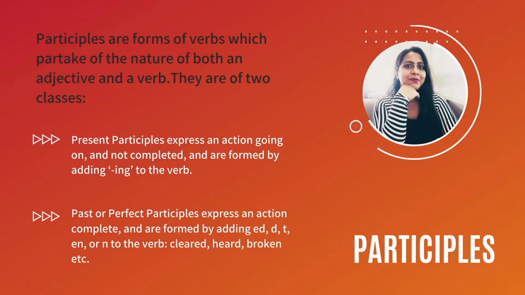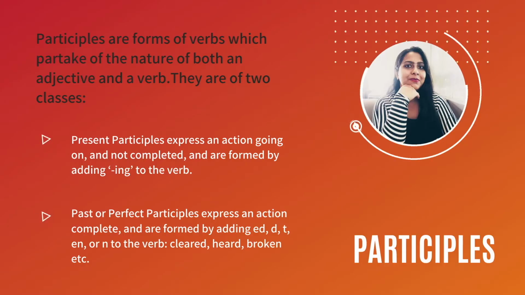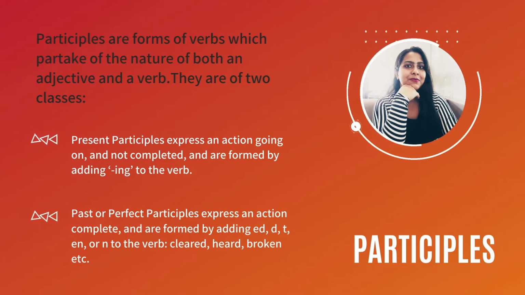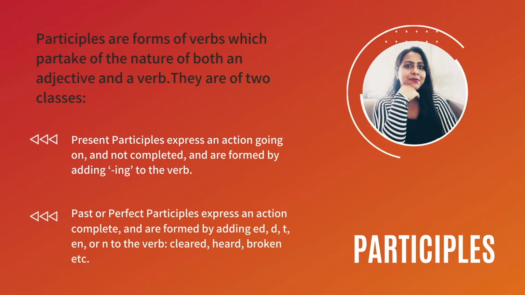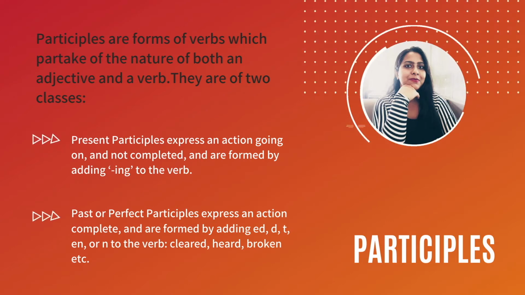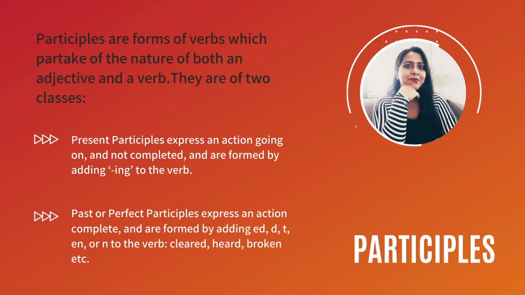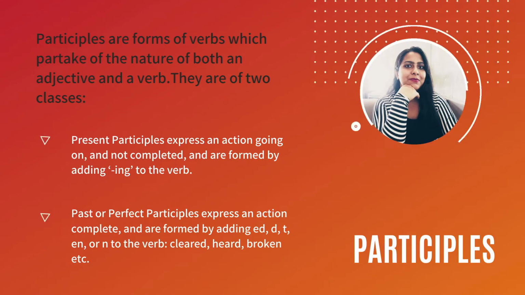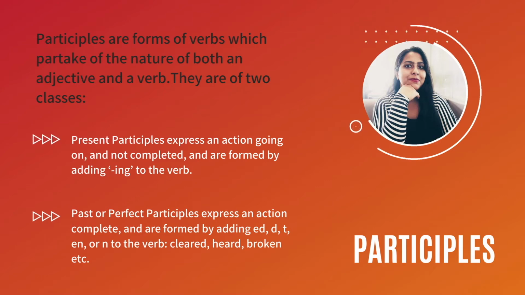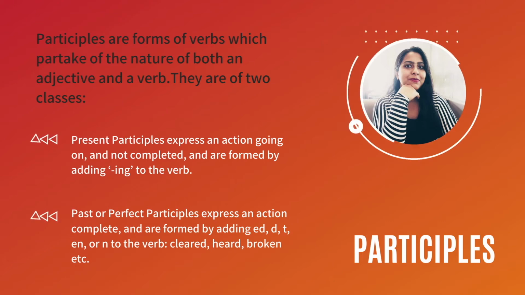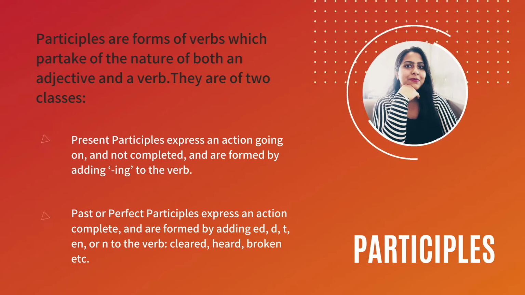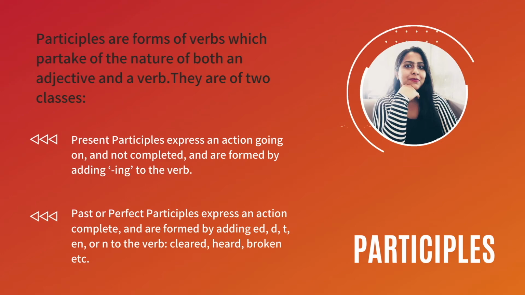Now in the next slide we get what participles are. Participles are forms of verb which partake of the nature of both an adjective and a verb. They are mainly of 2 classes, present and past or perfect participles. The present participle expresses an action that is still going on and not completed, and is formed by adding ing.